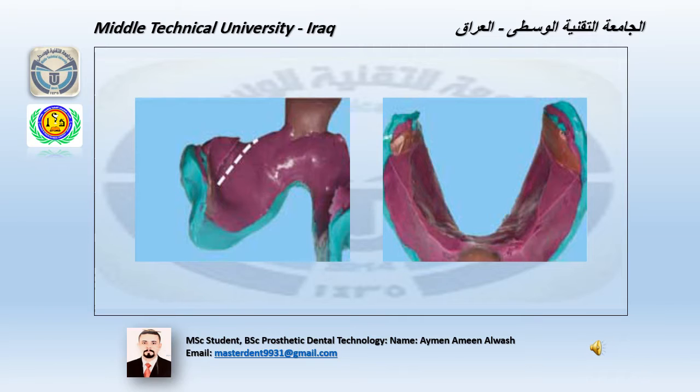At the center of the lower special tray, any excess material must be removed to form the plate form, such as a palate. This pressure recorded on the lingual and labial aspects of the lower special tray gives the position of the posterior teeth, which is the neutral zone.